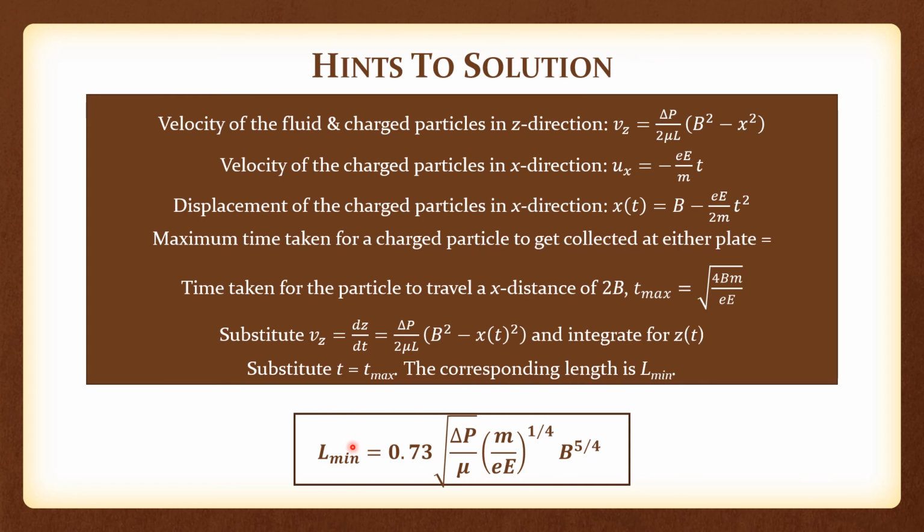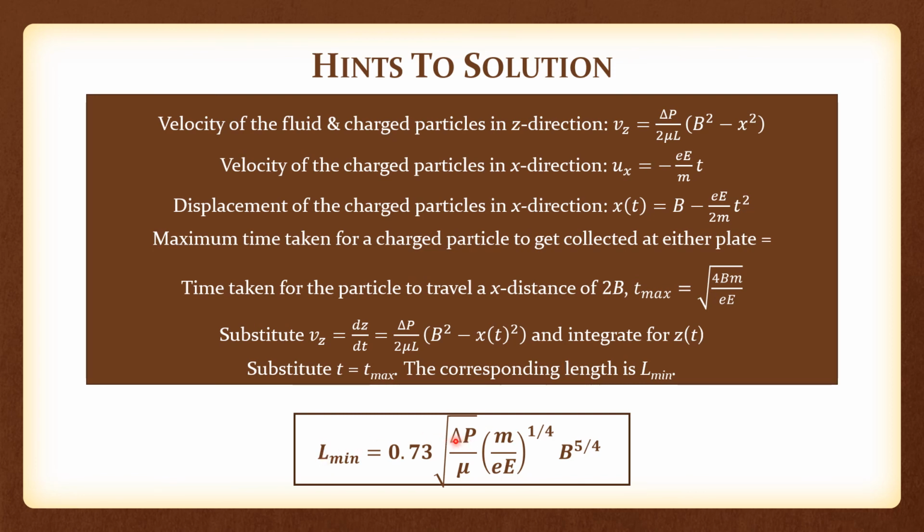Its unit variable would be the length of the plates, and of course the distance between the two plates, 2b. So if you fix a 2b, you need a certain length, right? And this is a process variable, the pressure drop of operation and the electric field that you apply. The larger the electric field that you apply, the shorter the length that you need.